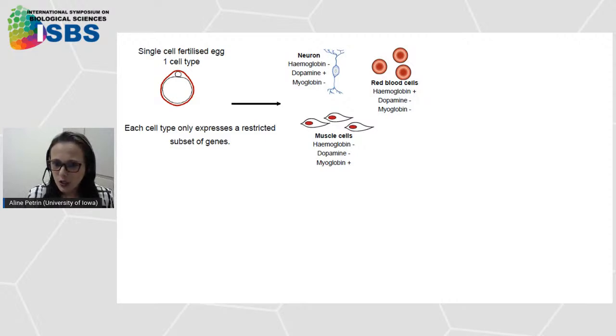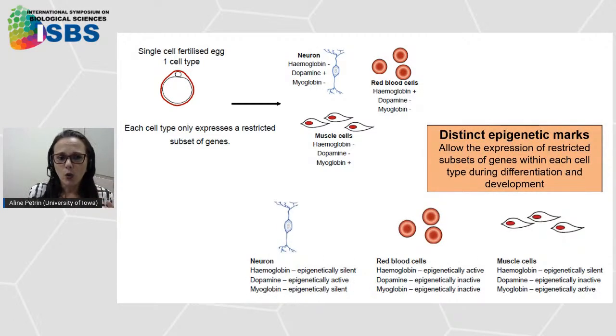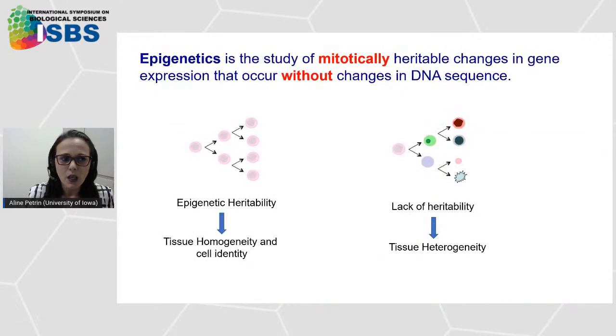Although we all have the same genetic code, we are able to generate different cells at the right timing, in the right tissue. So our body works properly based on these distinct epigenetic marks, silencing or activating different genes at the time that they are needed. Epigenetics also contributes to tissue homogeneity.